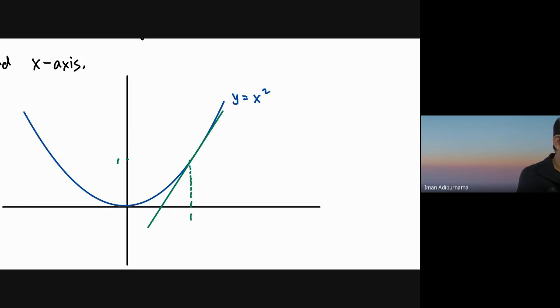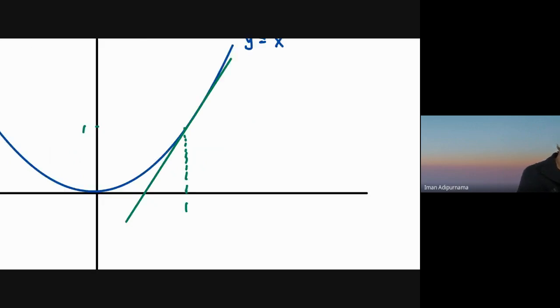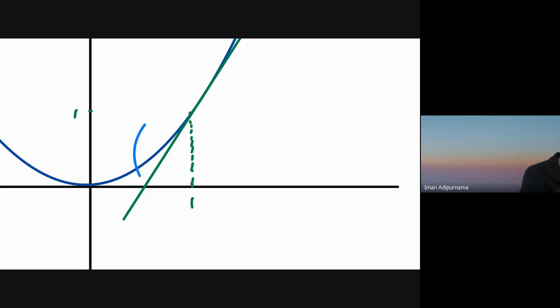So the area will be this one here. The area is in between the curve y equals x squared, the tangent line at this point, and the x-axis.